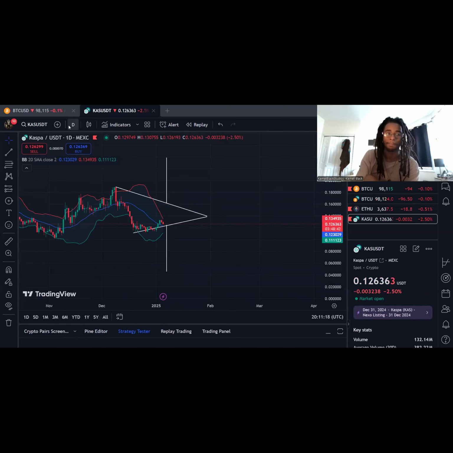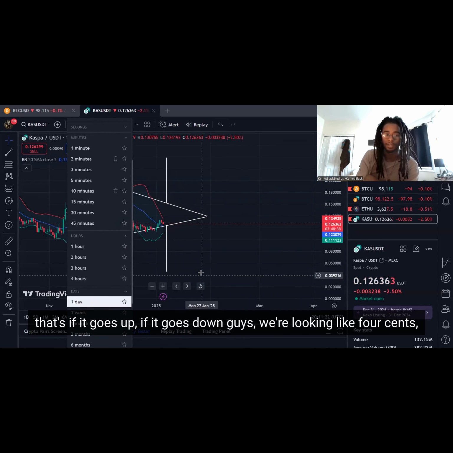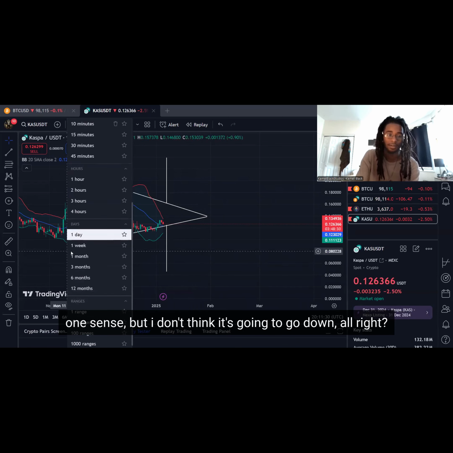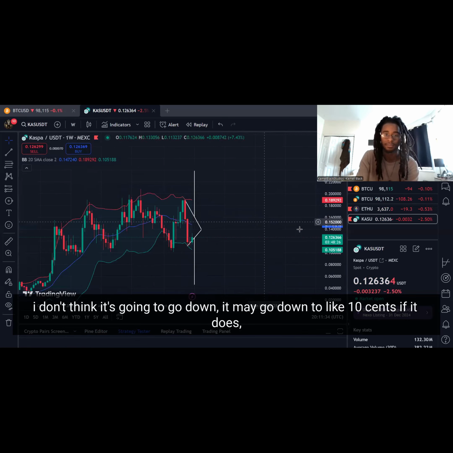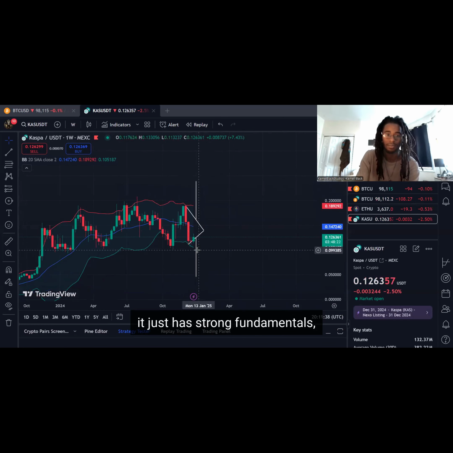That's if it goes up. If it goes down, guys, we're looking like 4 cents, 1 cent, but I don't think it's going to go down. It may go down to like 10 cents if it does. It just has strong fundamentals.